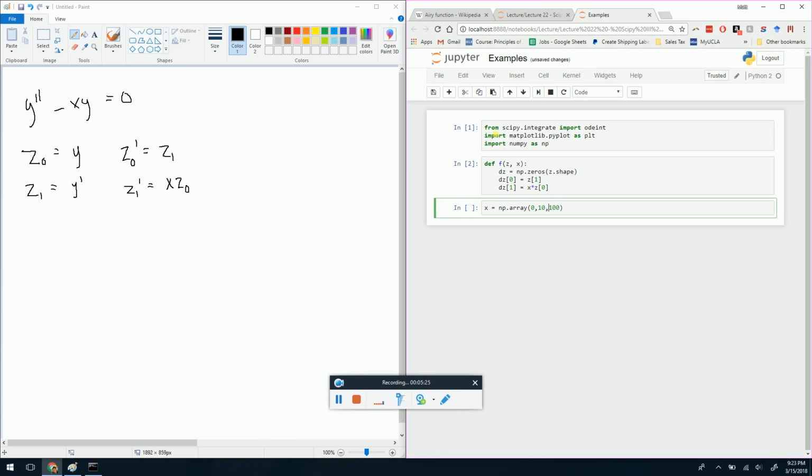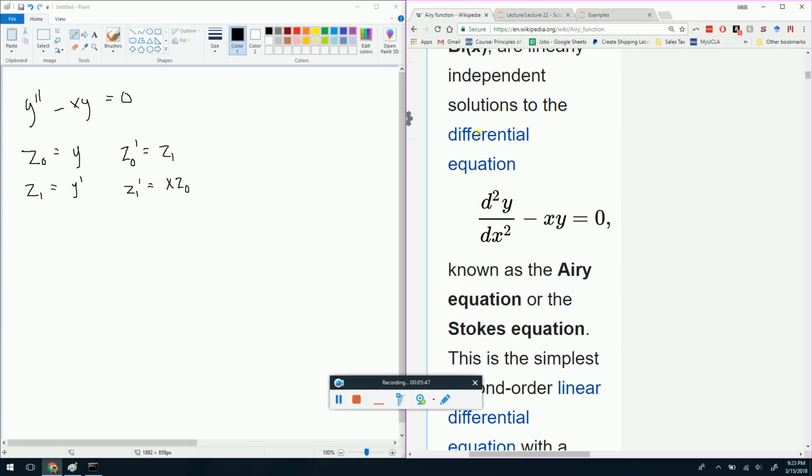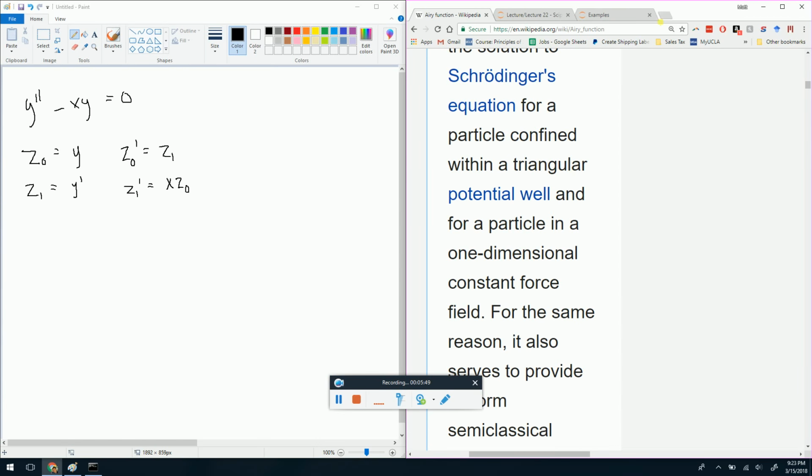Let's do 100. I don't really know how long it goes, so up to 10 is a good guess. And let's say y is equal to odeint of our function f with initial starting solution. Let's see if the Airy function has any.